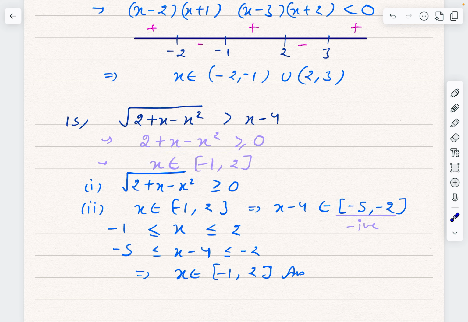Whatever solution we are looking for should be between this only, because the left side will not exist for any other value. So if x we stick to minus 1 to 2, the right side value will be, if I put x as minus 1, we get minus 5. If I put x as 2, we get minus 2. So x minus 4 in this interval is always negative.